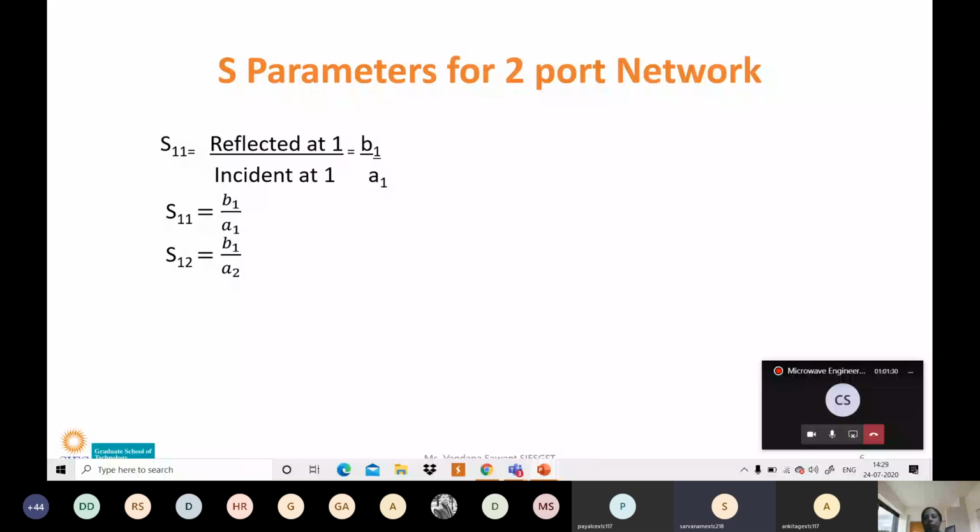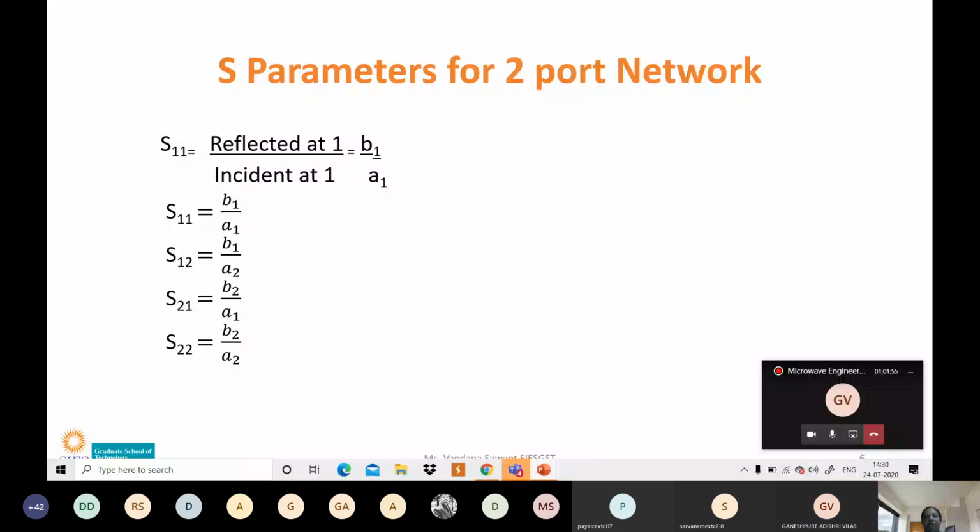Yes. For S21 it will become B2 upon A1, right? Now the next parameter is S22. You write it yourself. B2 upon A2. Right, that is B2 upon A2.